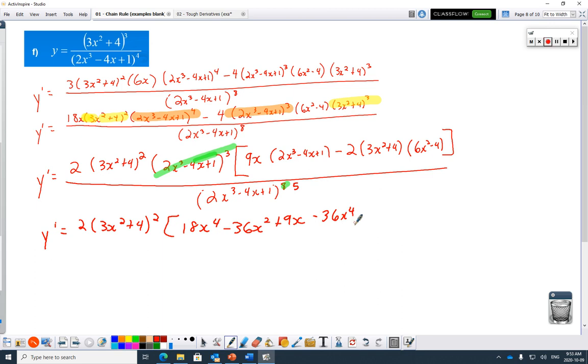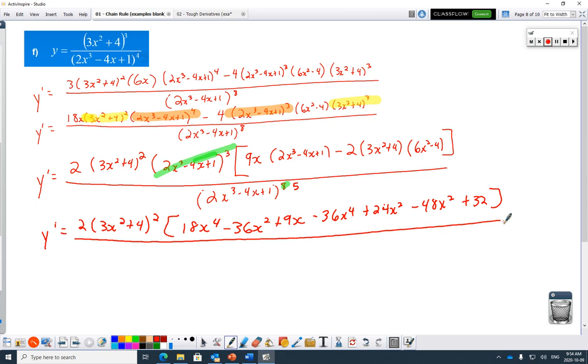And then 3x squared times negative 4 is negative 12x squared, times negative 2, I get 24x squared. 4 times 6x squared is 24x squared. Minus 48x squared when I multiply it by negative 2. And 4 times negative 4 is negative 16, plus 32. All over 2x cubed minus 4x plus 1 to the 5.